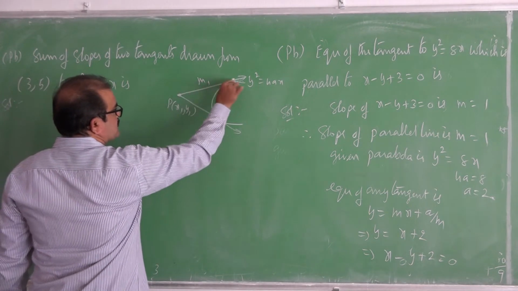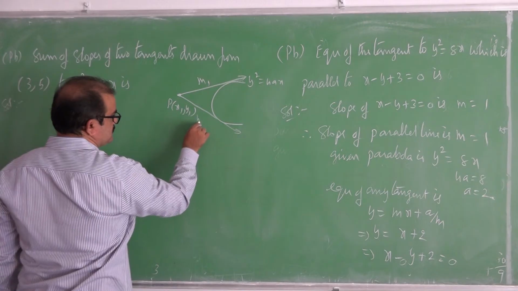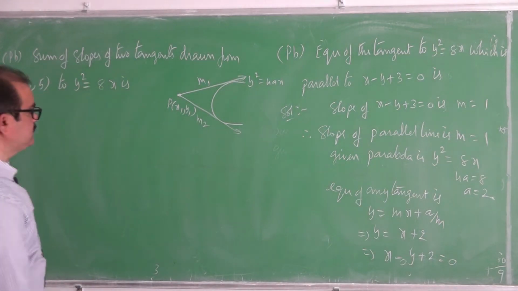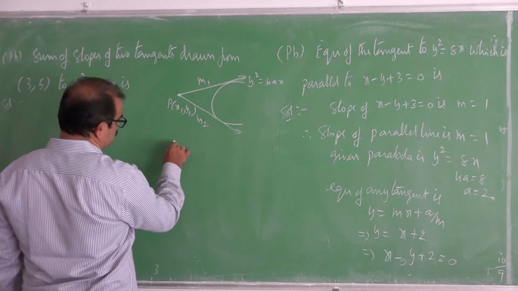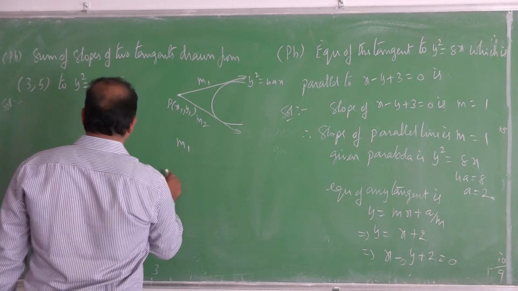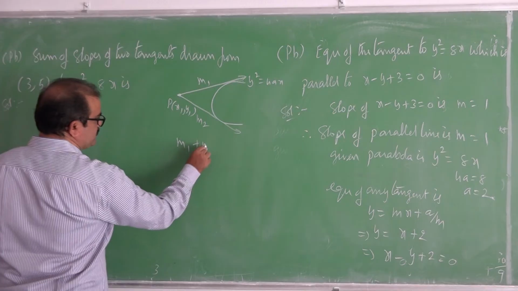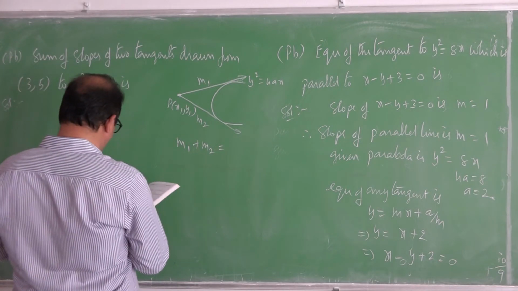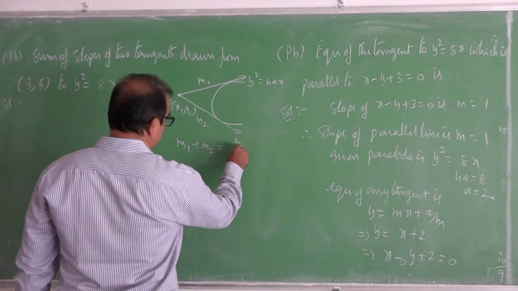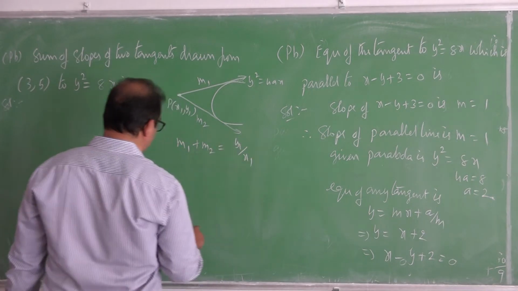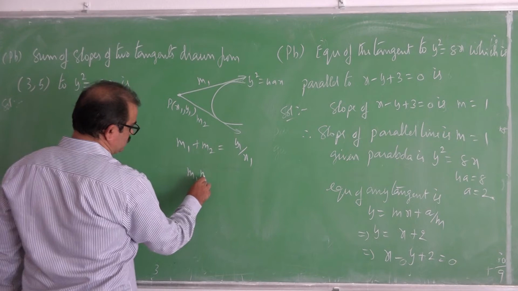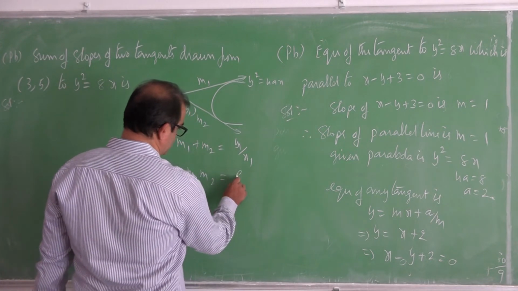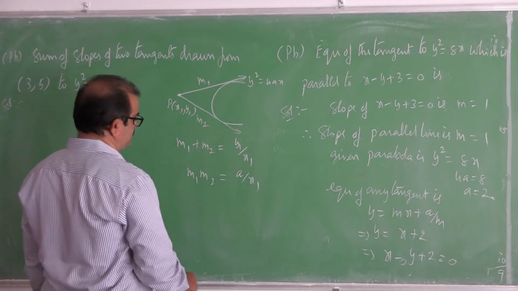Let m1 be the slope of the first tangent, m2 be the slope of the second tangent. Then the sum of the slopes m1 plus m2 is equal to y1 by x1. The product of the slopes m1 into m2 is equal to a by x1.